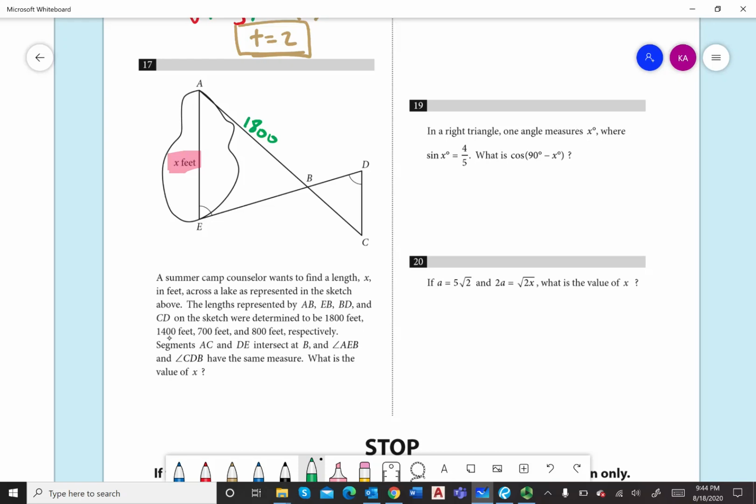Then I have 1400. The second one is EB, 1400. Then I have the third one, BD, as 700. Then I have the last one, CD, here as 800. Okay? Now, it says we're looking for what is the value of x.